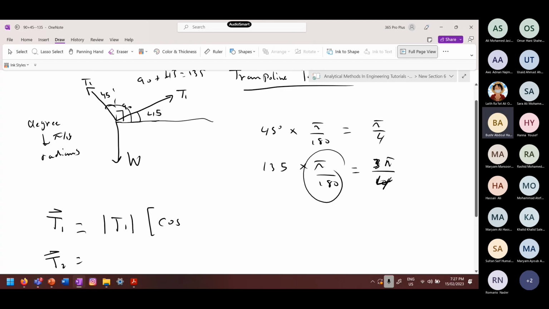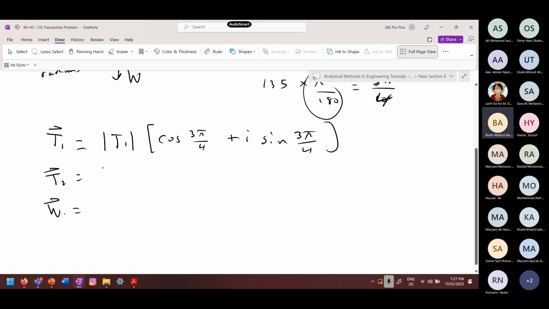You will use this newly found angle, which is 3 pi over 4. You don't need to use the 2n pi here because it's useless. Plus i sine 3 pi over 4. As for T2, the same thing. Cosine pi over 4 plus i sine pi over 4.